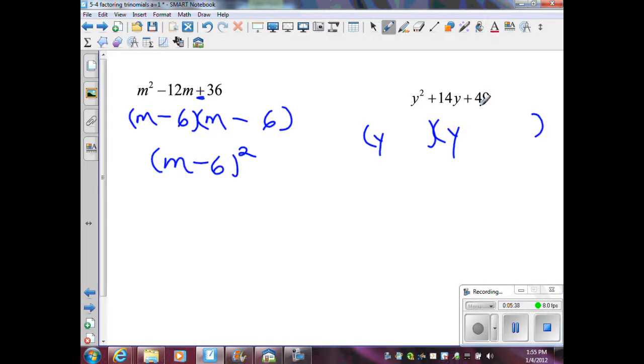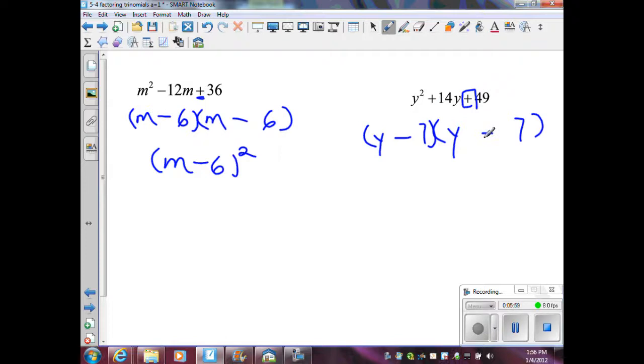It jumps out at me that 7 times 7 will get me 49. But also, when I add, 7 plus 7 will get me 14. Here, I just determine, is this a minus and a minus? If it is, then that would be a negative 7 and a negative 7y would give me a negative 14y.